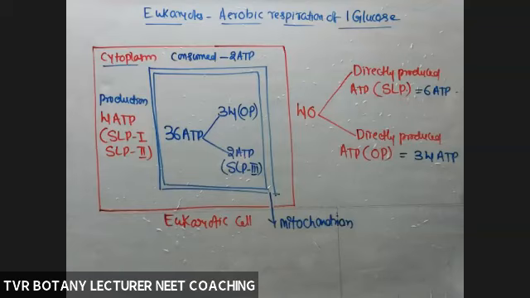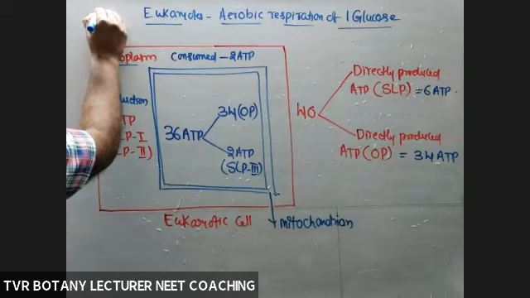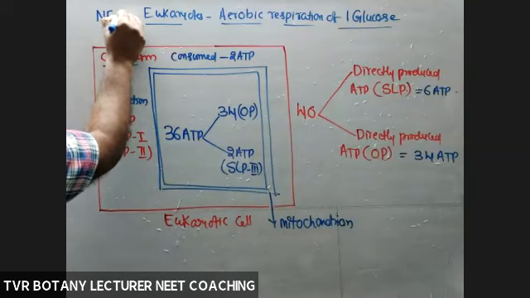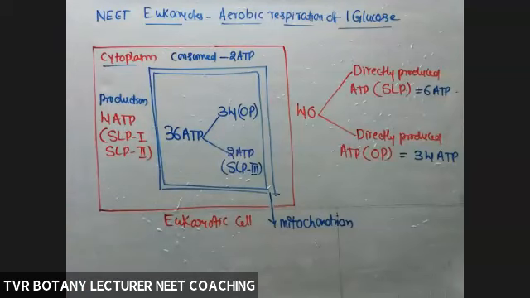And in the case of prokaryotes, all are produced inside the cytoplasm or protoplasm. The reason is there is no mitochondria. So this is very, very important for the question. Next. This is according to the NCERT textbook, for the NEET exam.